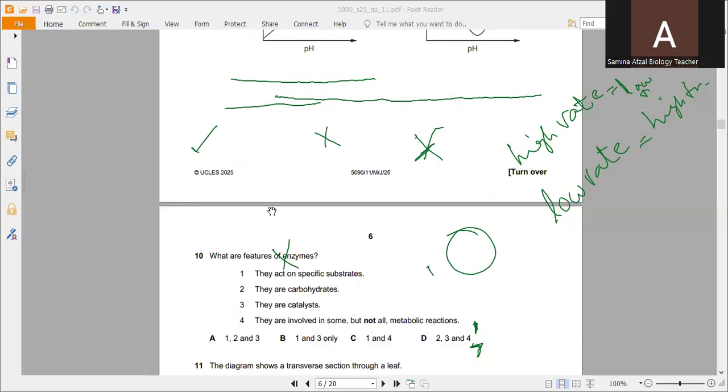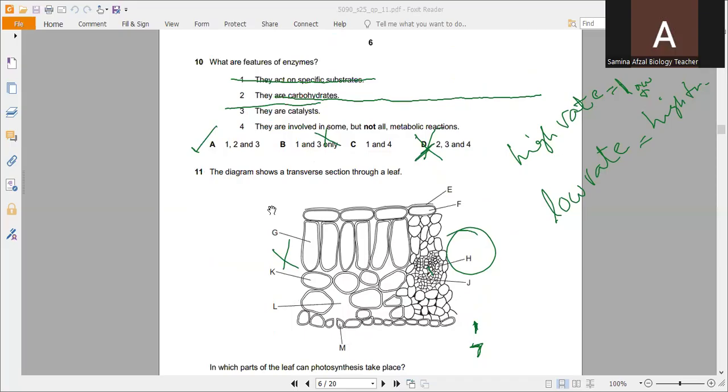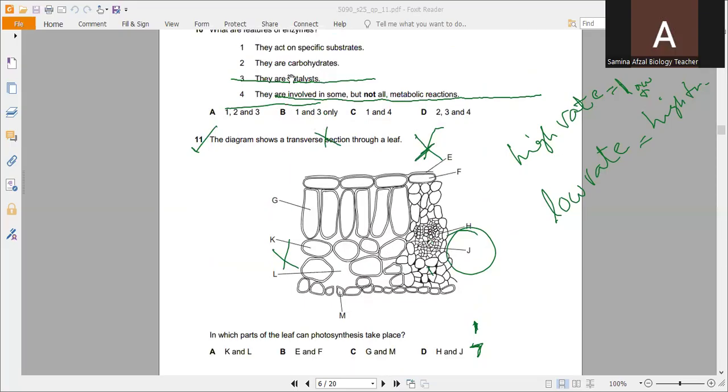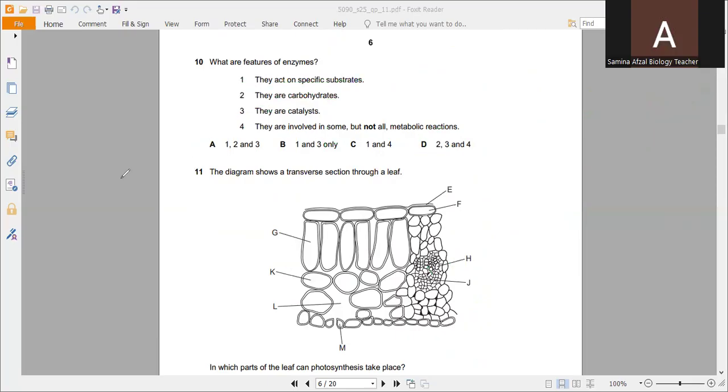Now question number 10 is there, and question number 10 is, what are features of enzymes? What are features of enzymes?